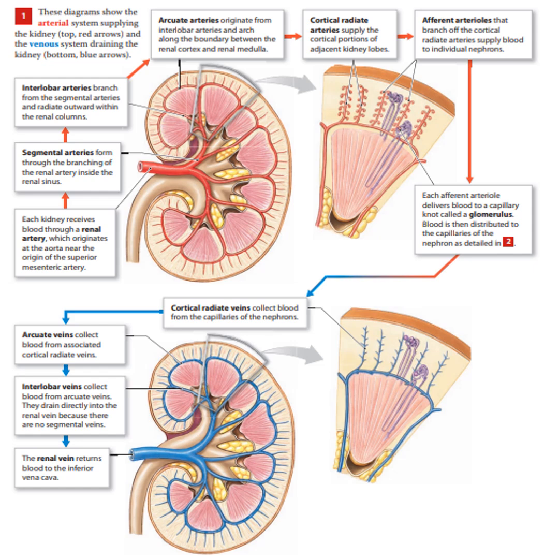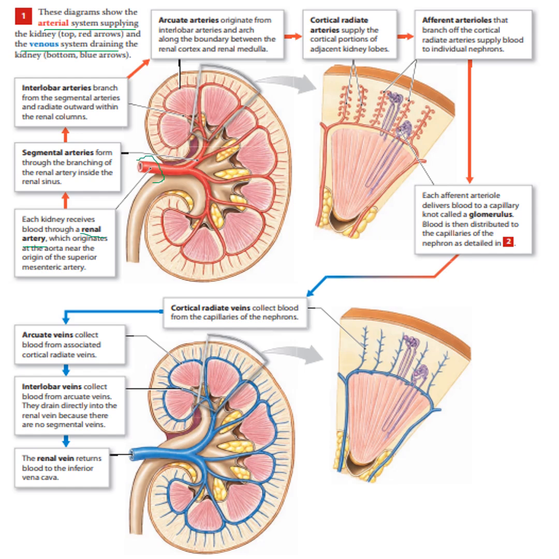This diagram shows the arterial system supplying the kidneys and the venous system draining the kidneys. Firstly, each kidney receives blood through the renal artery.